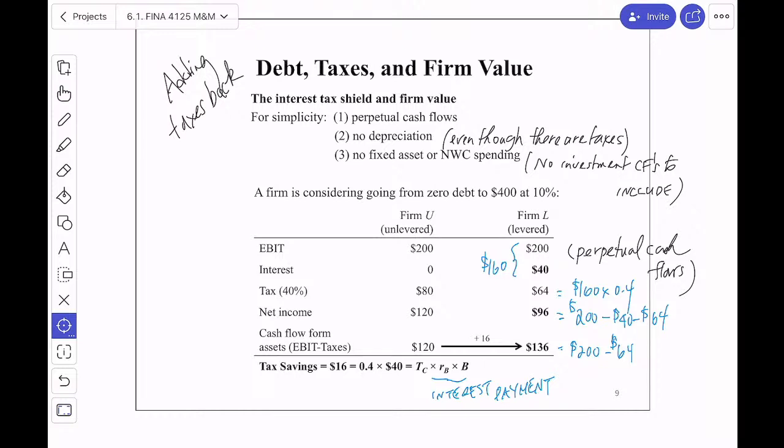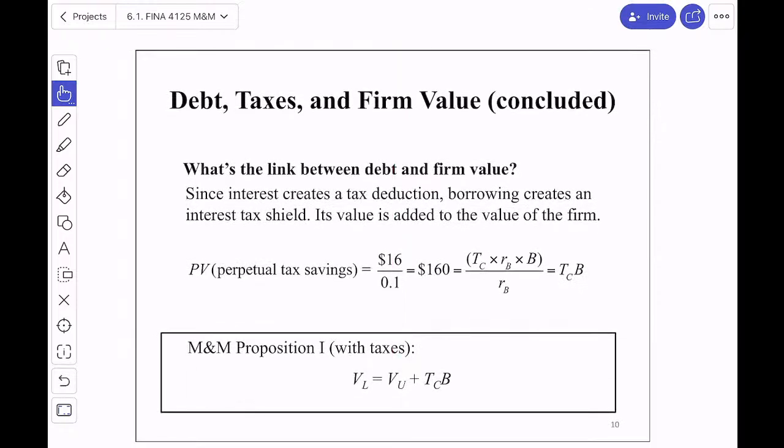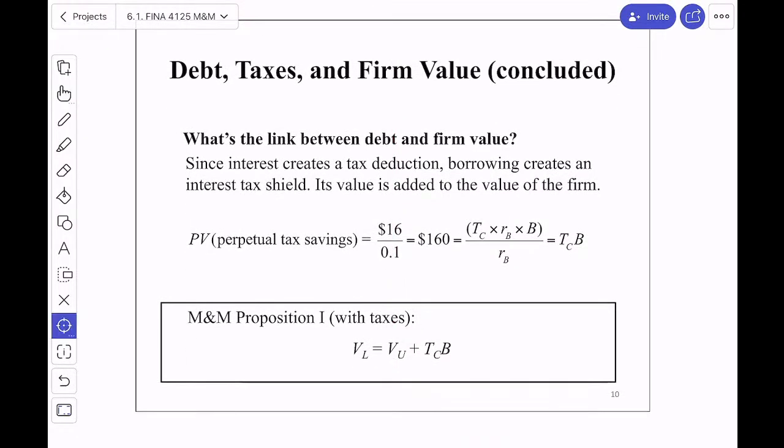So this is really important now, this amount, right? RB times B, well, it's actually the interest payment times TC. So what I'm going to do next is think about that perpetually. This is going to be the tax savings perpetually, since interest creates a tax deduction, borrowing creates an interest tax shield. Its value is added to the value of the firm.